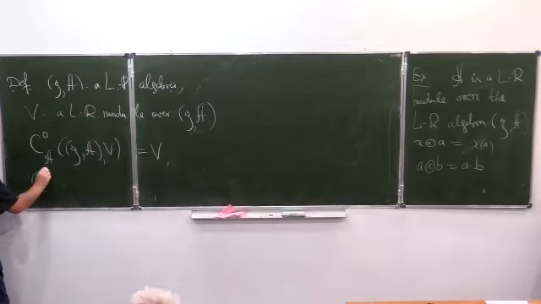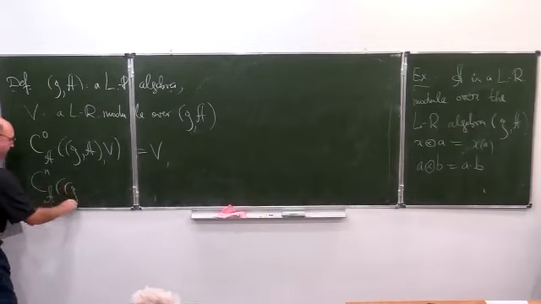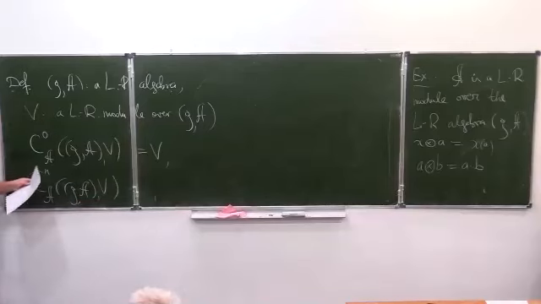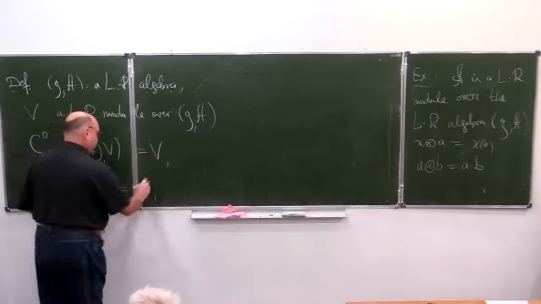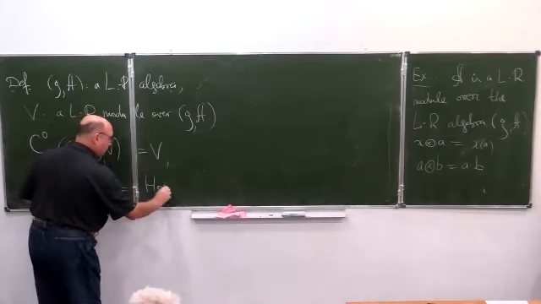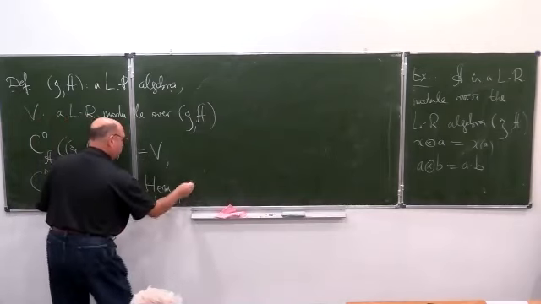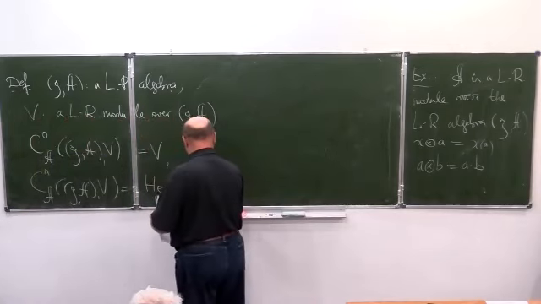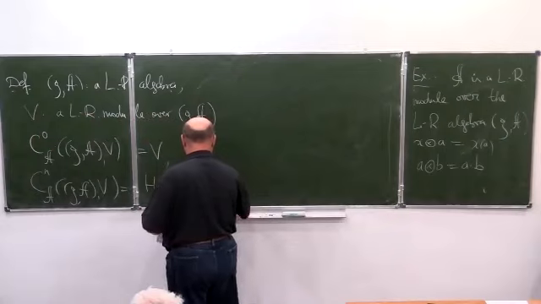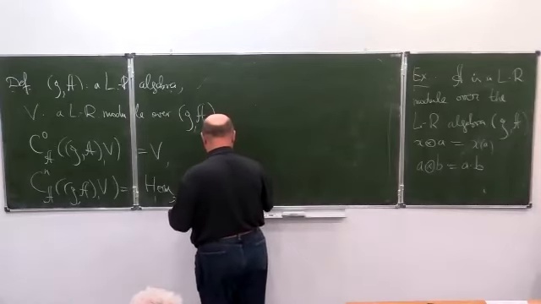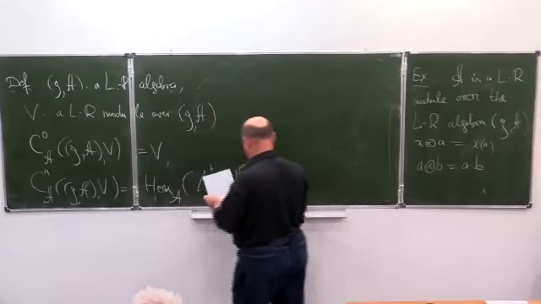And cochains of dimension n as skew symmetric maps, morphisms over A, to V.